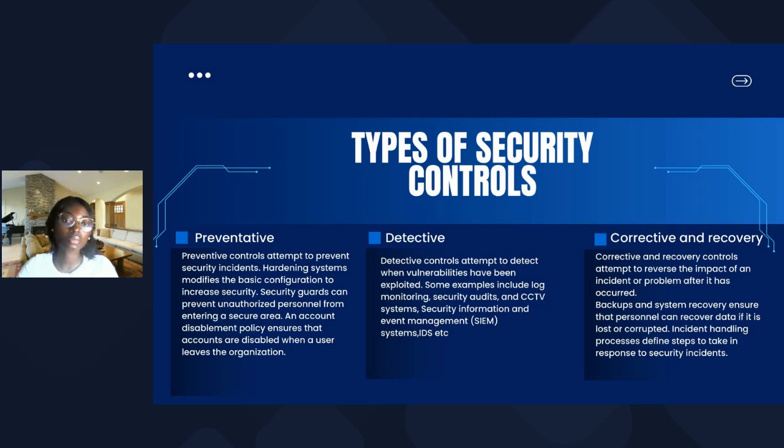So next we have the detective control. Remember that for preventive, we're attempting to prevent security incidents, right? But in terms of detective, what we're trying to do is detect when a vulnerability within our organization has been exploited.